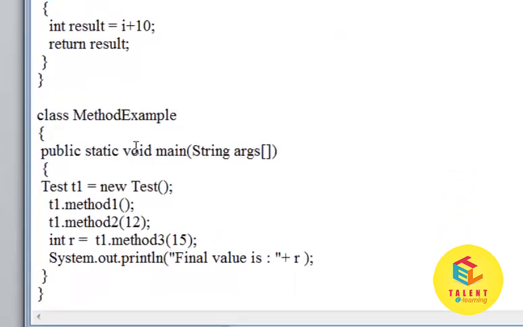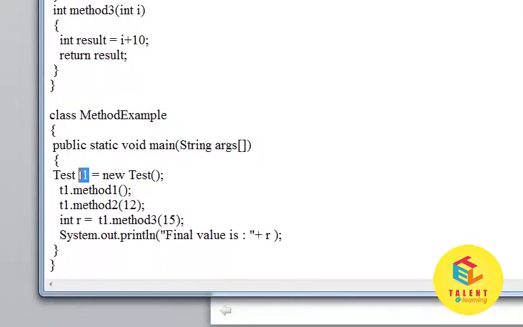Then in our main class, the t1 object is created. Then using this object, method 1, method 2 and method 3 are called. Here method 3 is returning a value, so we should catch that value in our integer variable.